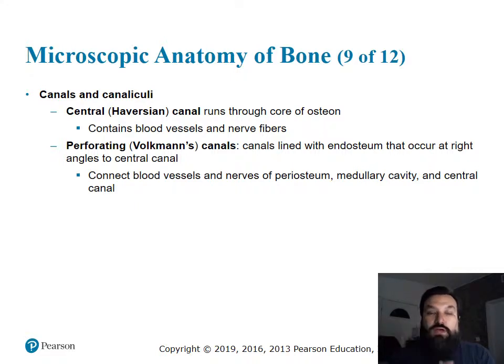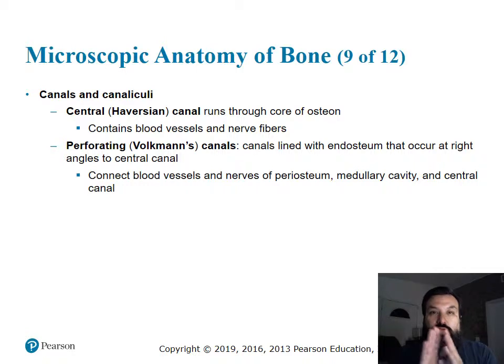And what runs through this osteon? We've got blood vessels and nerve fibers running through each one of those osteons. We'll see how big this area is when we look at the figure shortly, because many osteons put together become the compact bone. So we've got this one canal running through the entire osteon that has the blood vessels and nerve fibers.